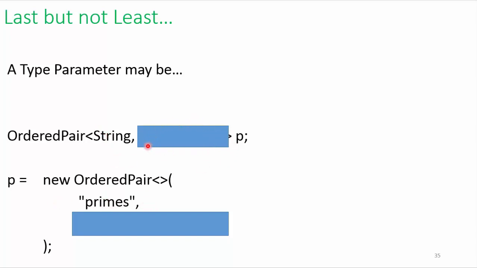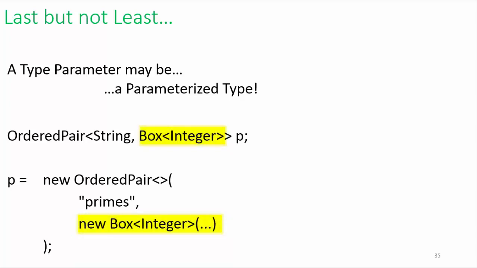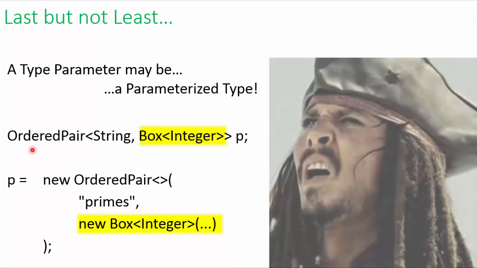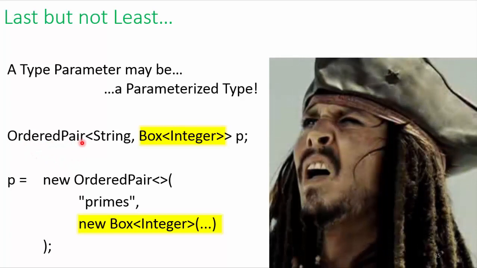But the second data type here, the second type parameter, right now I've been using things like Integer, String, etc. And these are all fine, but they could also be more complicated. It could be a parameterized type itself. So what would that look like? That would look like something like this, okay? So you have here an OrderedPair.